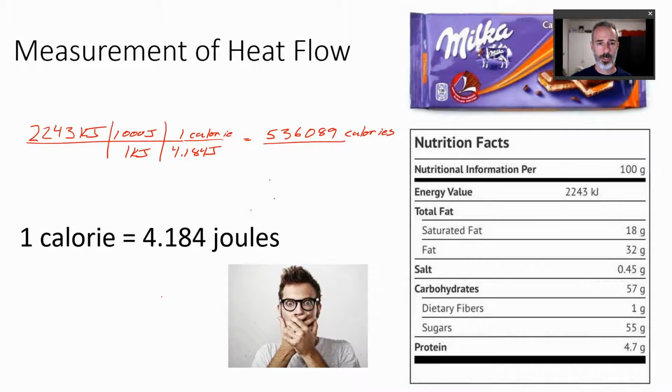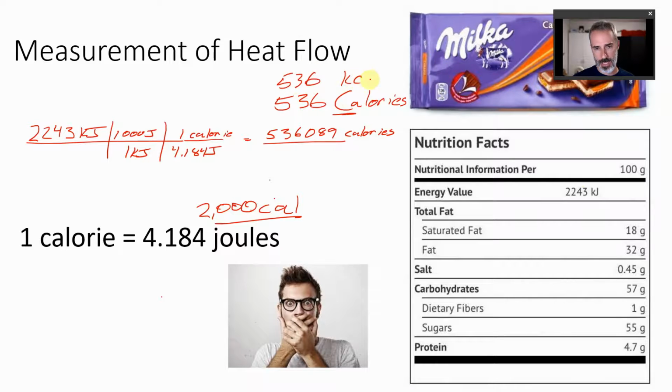I mean, wait a minute. Aren't we supposed to only eat like 2,000 calories in a day? Isn't that what they say? What's going on here? Well, if you didn't know, this is actually on a food package. It would say 536 calories with a capital C. Now, in chemistry, we don't really do this, but nutritionists, when they say 536 calories with a capital letter, they really mean 536 kilocalories.